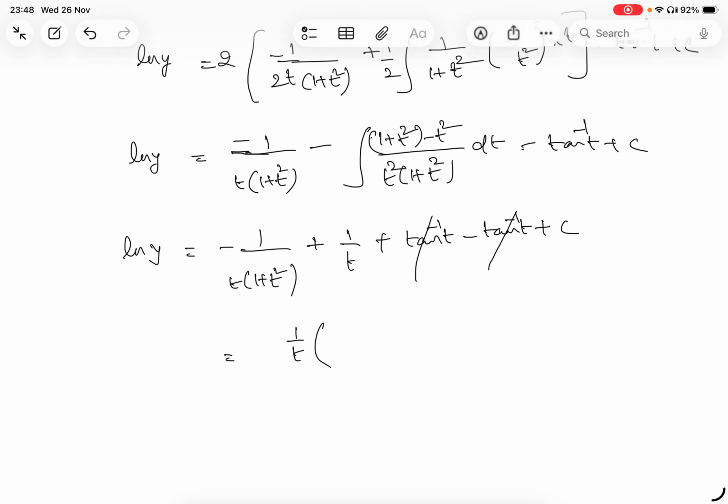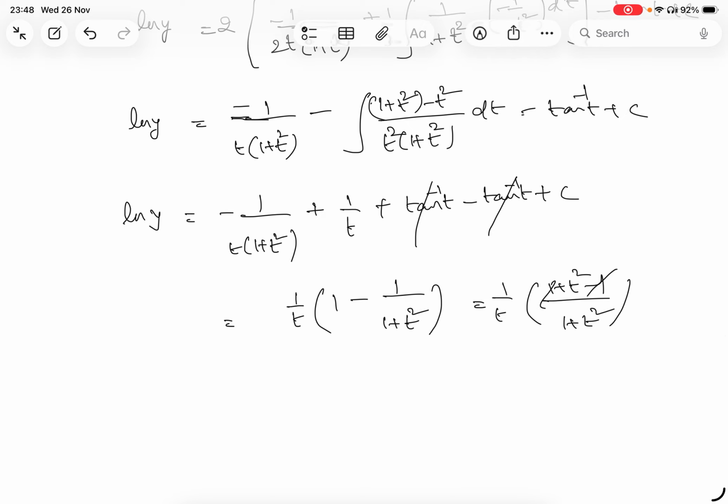If we take it common, this will be 1 minus of 1 by 1 plus t square. Then this is 1 by t into 1 plus t square minus 1 by 1 plus t square, plus 1 minus 1 will get cancelled, and the 1 by t will go off. T by 1 plus t square, sorry, there is plus c, right?